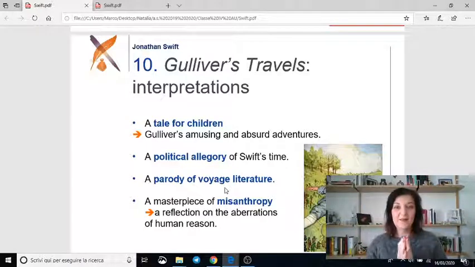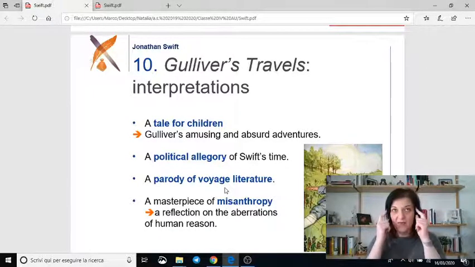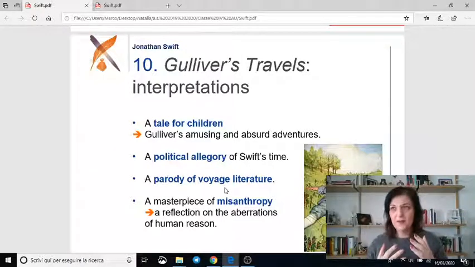We said what misanthropy is, we said it at school, we repeat it briefly today. If you think of his hatred for man or for some characteristics of the human beings, we can understand that this novel is a kind of reflection on the aberrations of human reason. Okay?